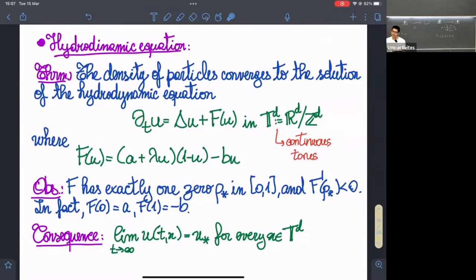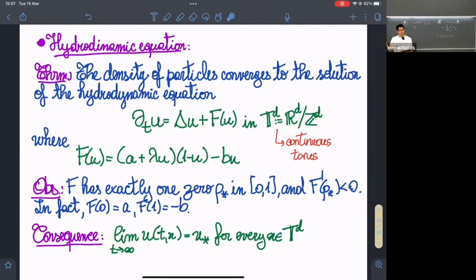This is again something you can check because of this geometric counting principle. Because if the derivative is also 0, it means that the zero is double, and you cannot have a double zero, because again the number of zeros has to be odd. So the derivative has to be different from 0, and then it has to be negative. If it were positive, again, you would have to have more zeros.